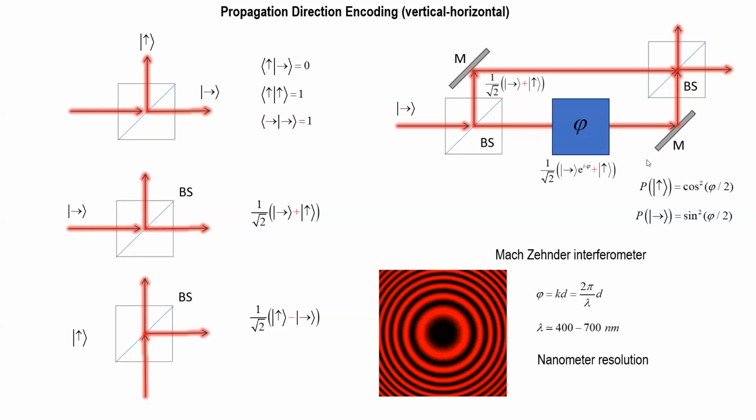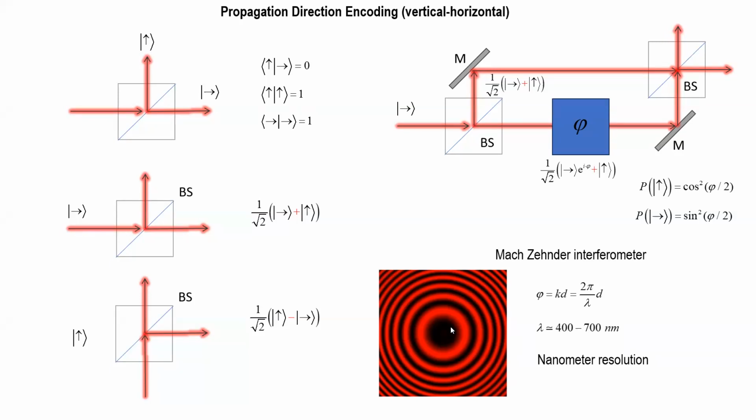It's important that because of this change of the phase, if you measure the light, for example, in this vertical direction, the result of this measurement is the so-called Mach-Zehnder interferometer rings.